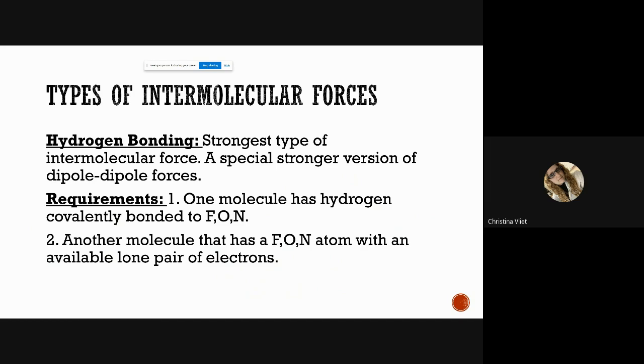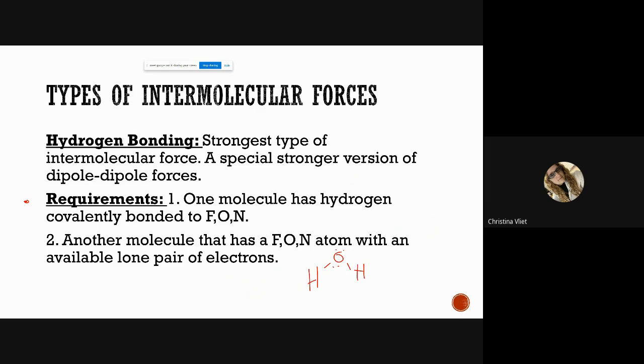The last type of intermolecular force can be confusing because it's actually also a permanent dipole. Hydrogen bonding is a special, stronger permanent dipole. And to be clear here, you have to have hydrogen connected to oxygen, fluorine, or nitrogen.